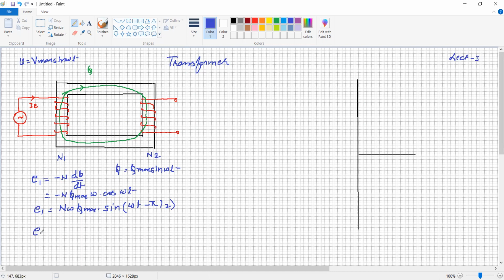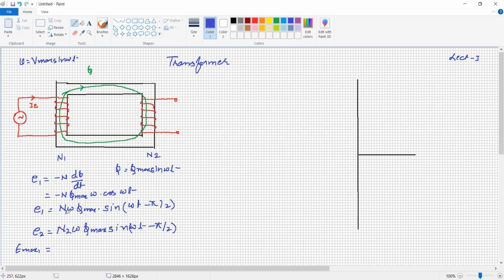Similarly, the EMF induced E2 is equal to N2 omega phi maximum into sine of omega t minus pi by 2, where N2 is the number of turns in the secondary. For the maximum value, E maximum 1, sine of omega t minus pi by 2 is equal to 1.